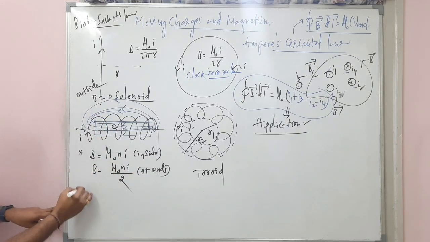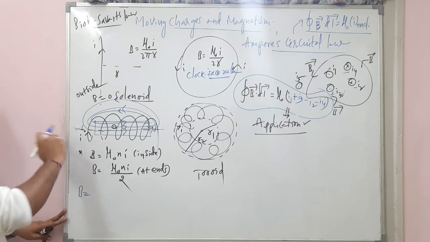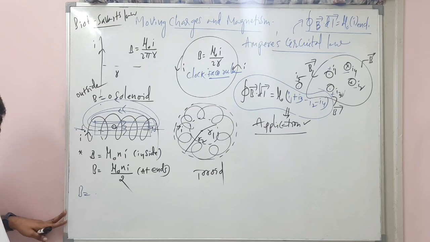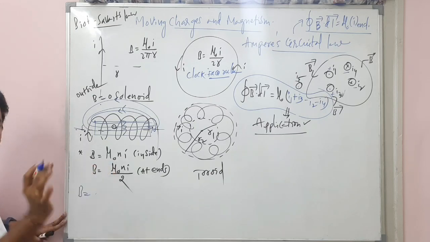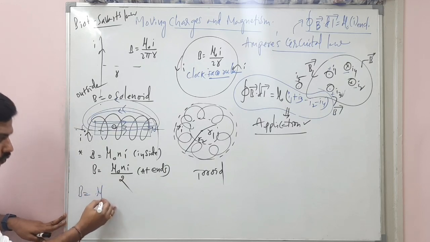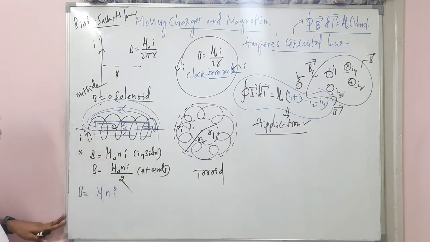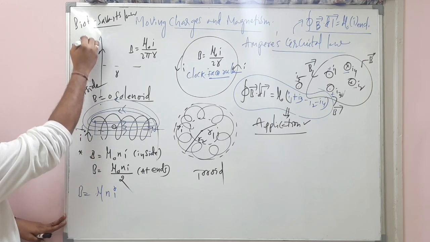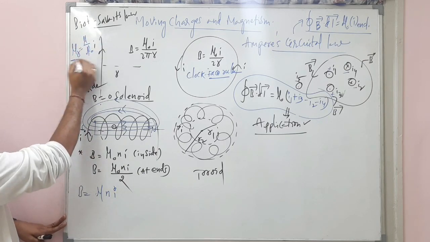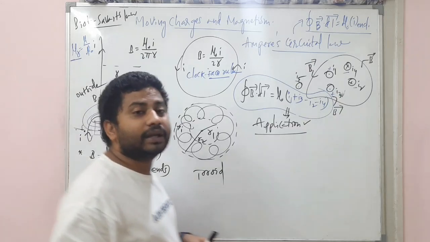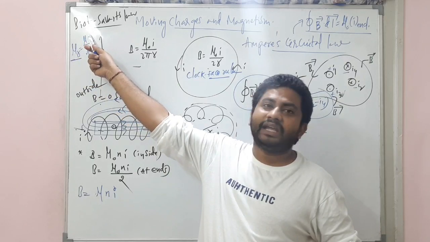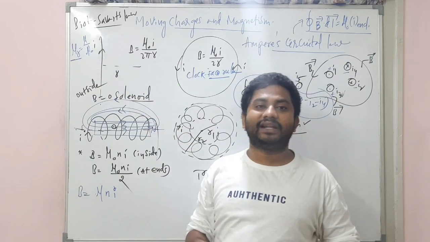In this case, the magnetic field due to the solenoid inside the solenoid will not be mu naught n i, it will be mu into n i. What is that mu? We know mu r is equal to mu by mu naught, that is relative permeability, which is equal to permeability in a medium divided by permeability in free space.